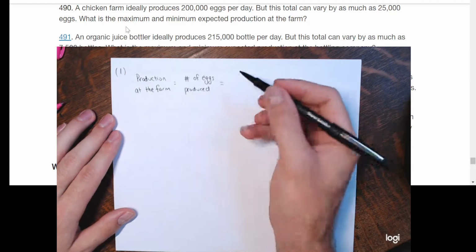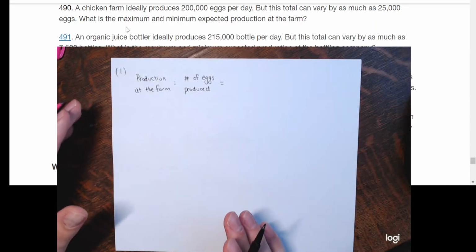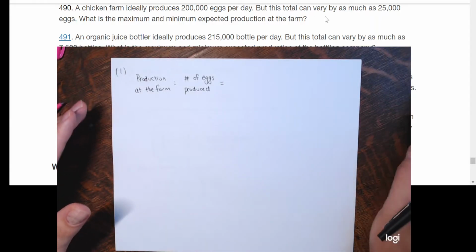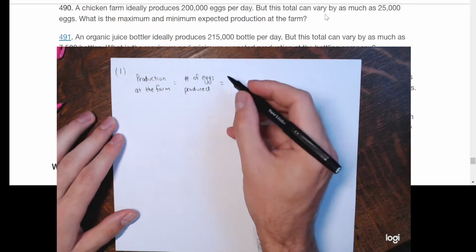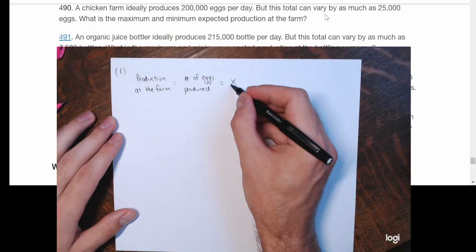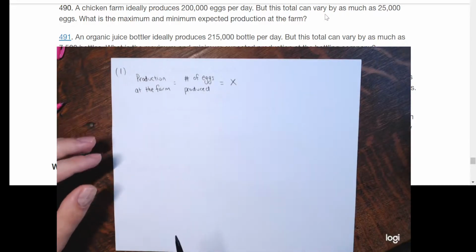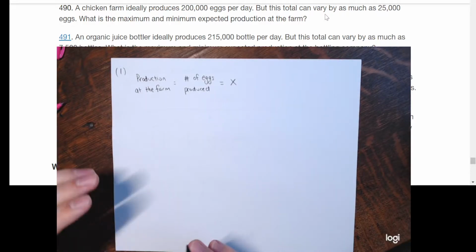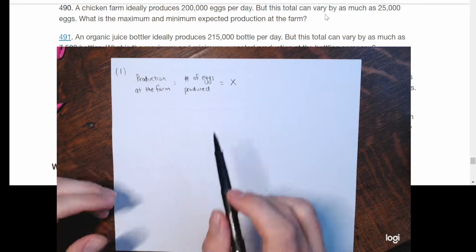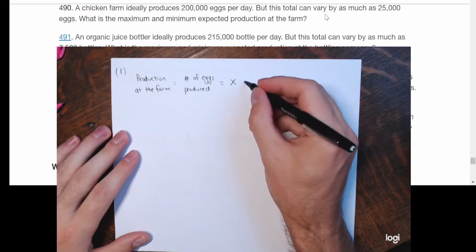I don't know what this is, day to day, because again it can vary. It is a variable. They said this total can vary. So I'm going to call this X. So the number of eggs produced by this farm in a day is X eggs.